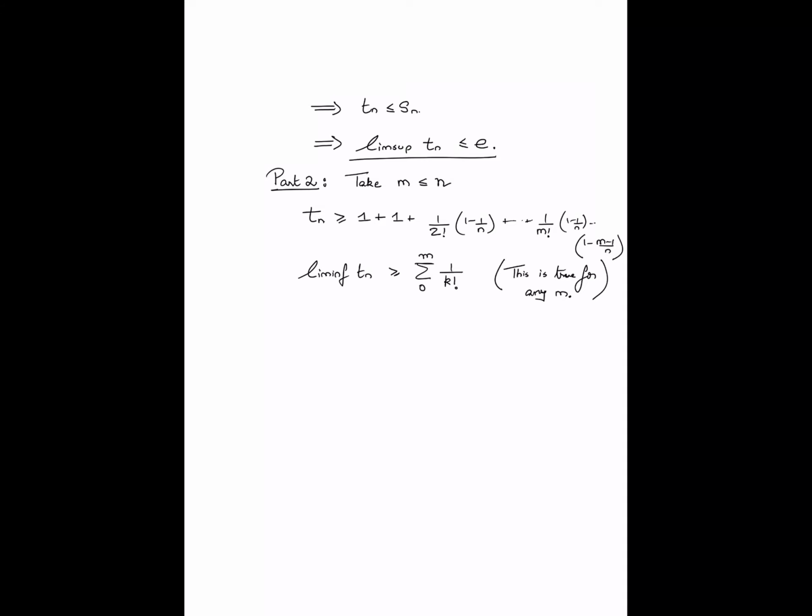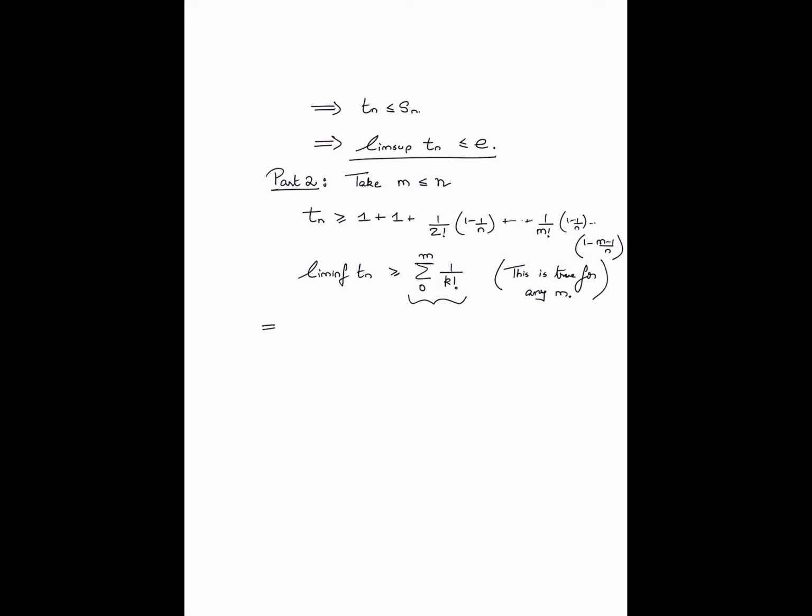So if you look at Sm, really, Sm for every single m is upper bounded by a constant, which is in fact the lim inf of the Tn sequence. Because every running sum is upper bounded by the lim inf of Tn, it follows that the limit of this as m goes to infinity must also be upper bounded. Because if every entry of a sequence is upper bounded by a certain constant, its limit must also be upper bounded by that constant.